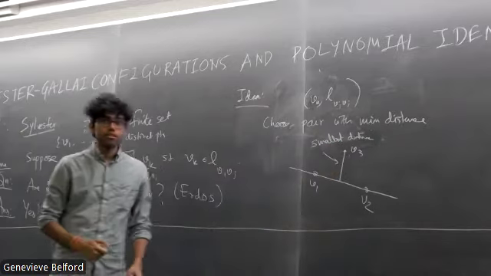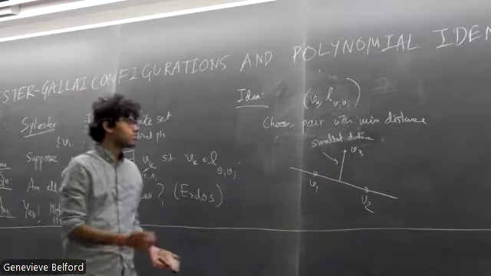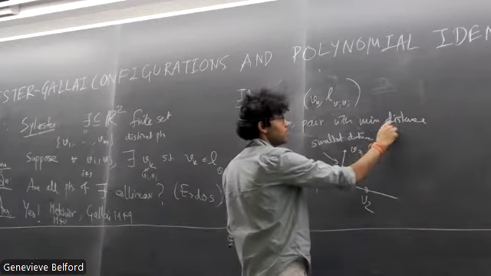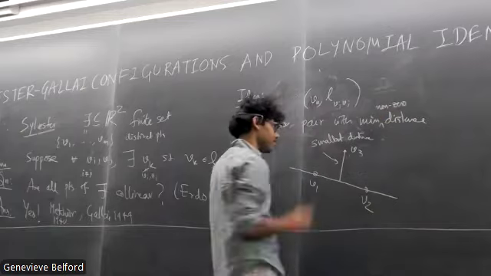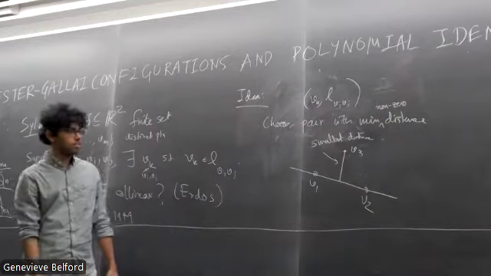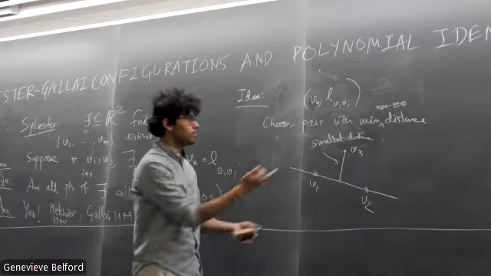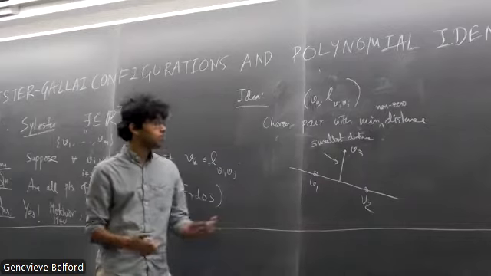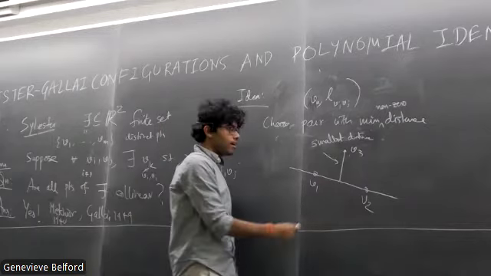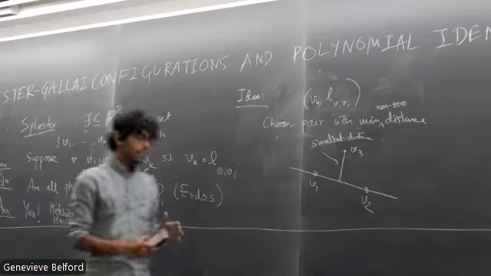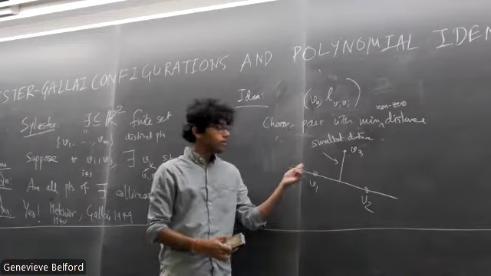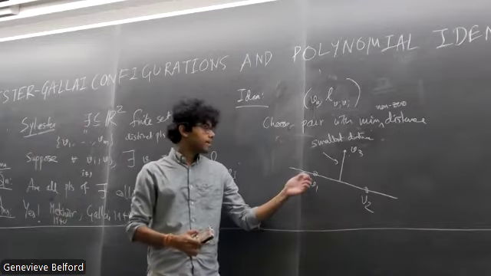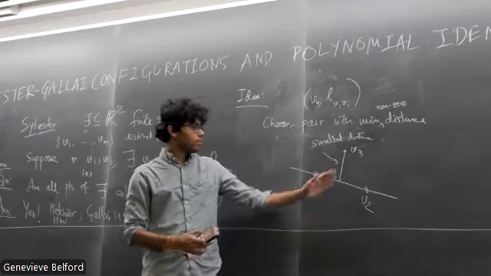Okay, so this is the minimum non-zero distance. If all of them are zero, they're all on the same line. So if they're not collinear, there will be some smallest minimum non-zero distance. So we choose that. Now this line, by the condition, is supposed to have one more point. So there'll be another point V4 on this line, and it will be on some side of this perpendicular.